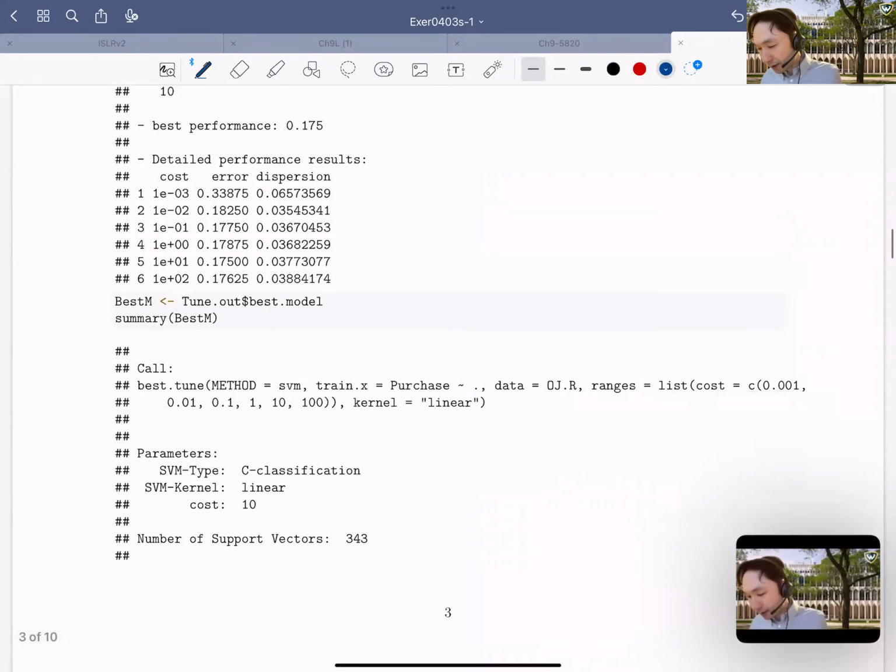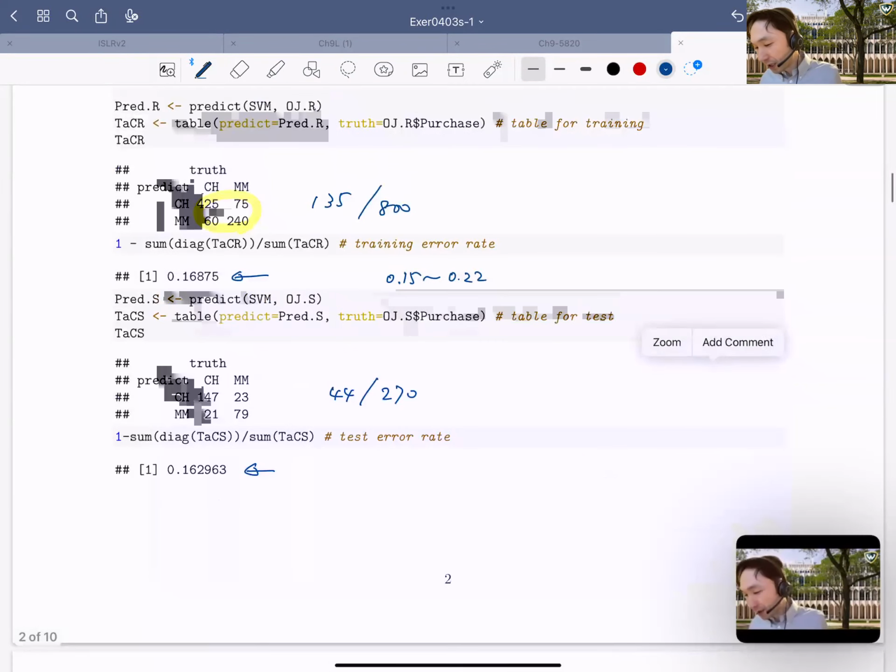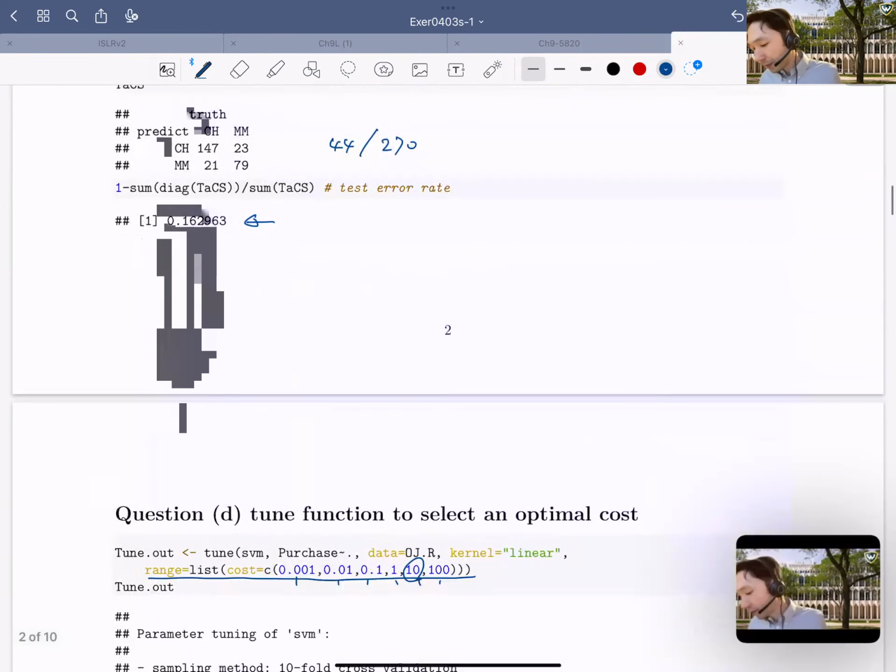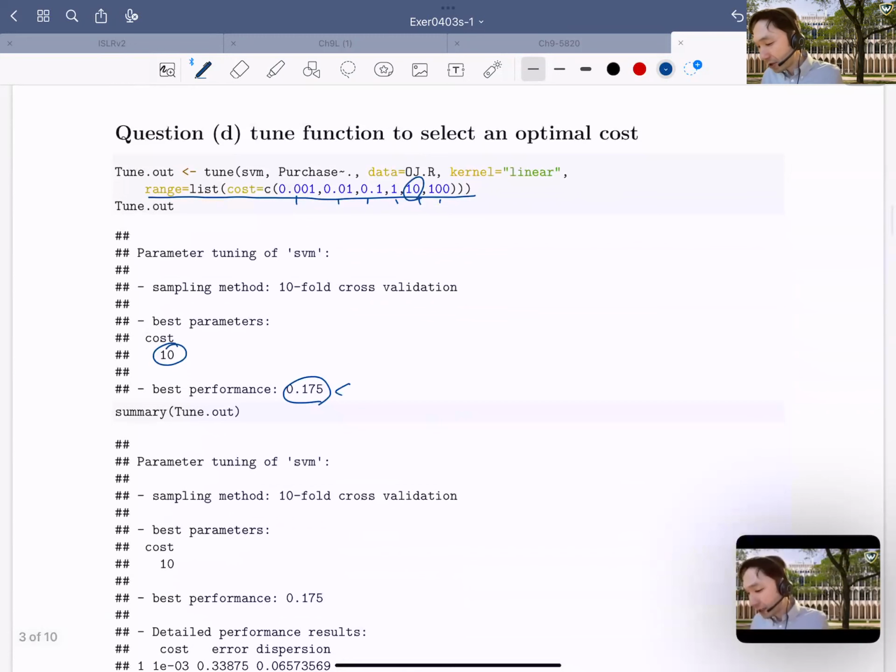This sounds a little strange because previously the training error was 0.168, but this is actually the cross-validated error, the cross-validated error in the training set.